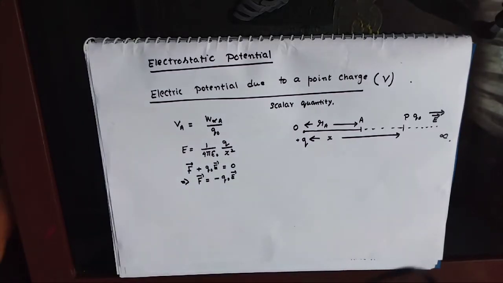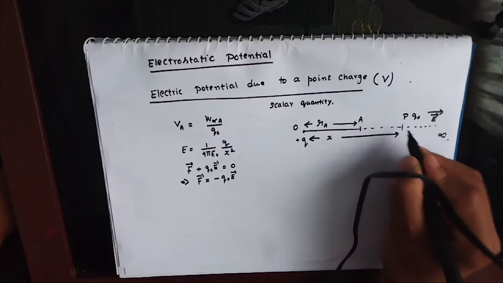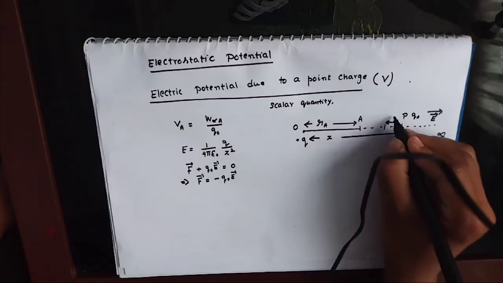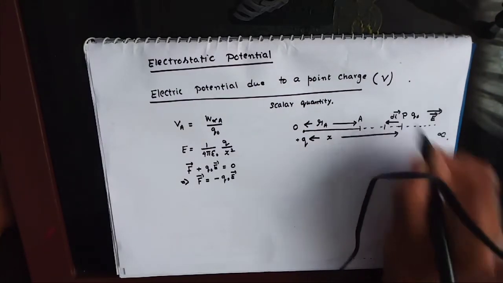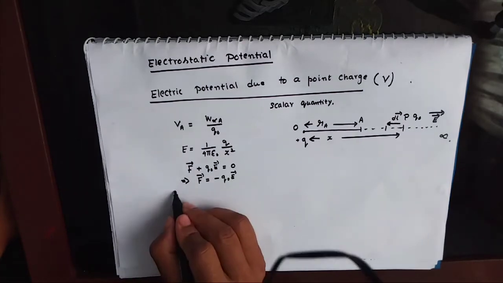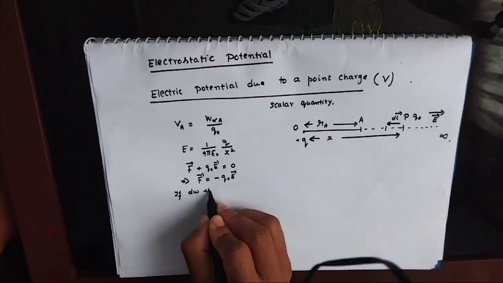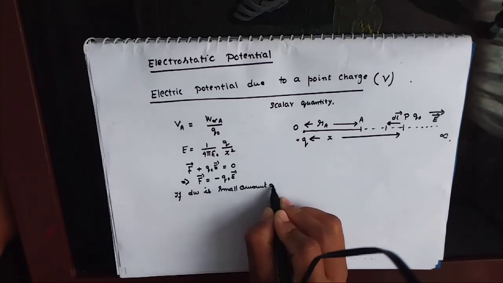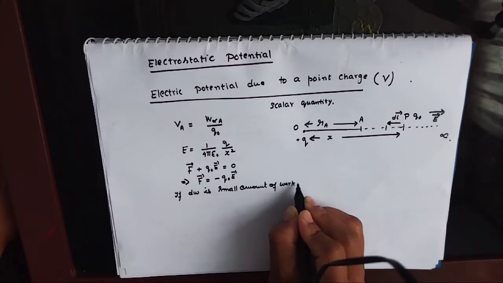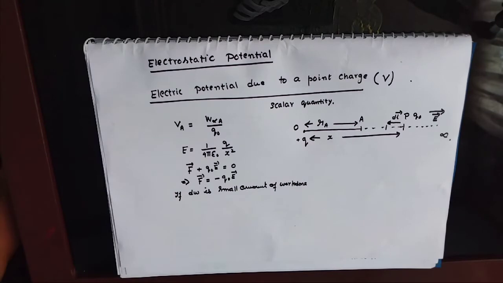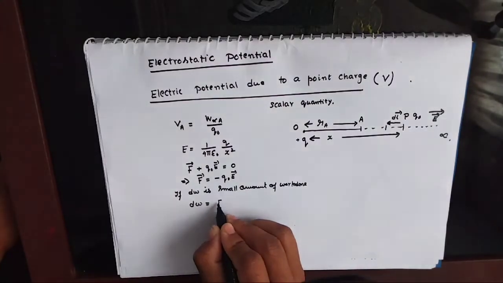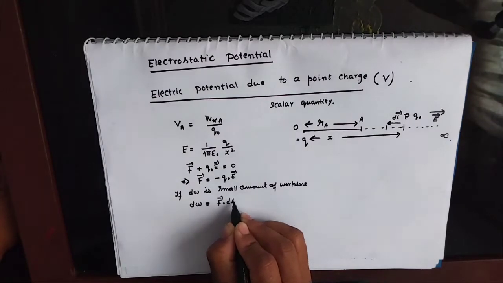With the application of this external force, suppose this charged particle is moving in this direction. Say the distance is dl. So if dW is a small amount of work done in moving this charge Q naught through a distance dl, then what is dW? dW is equal to F dot dl.